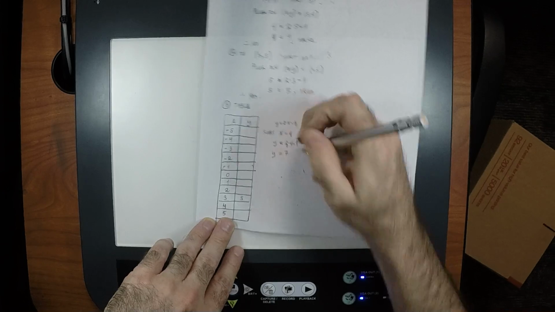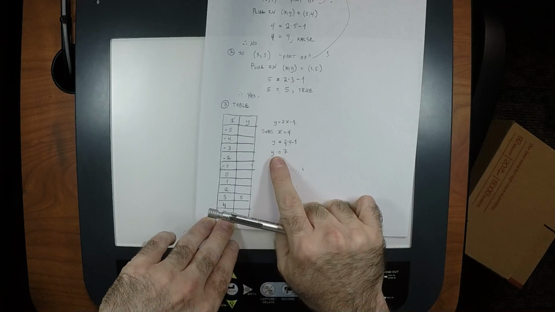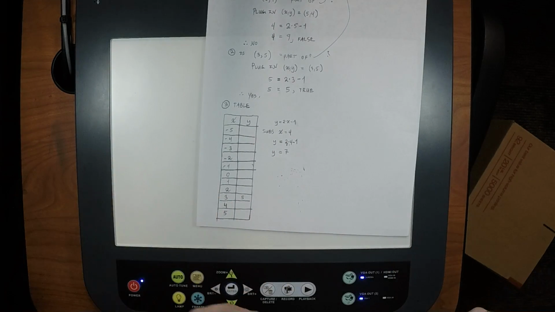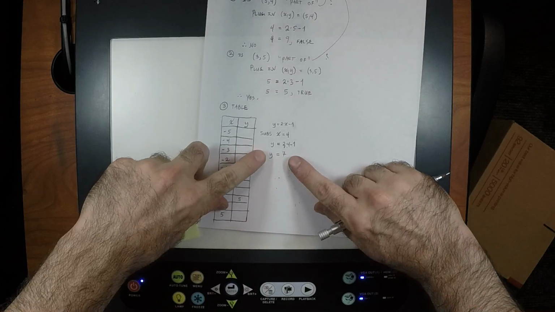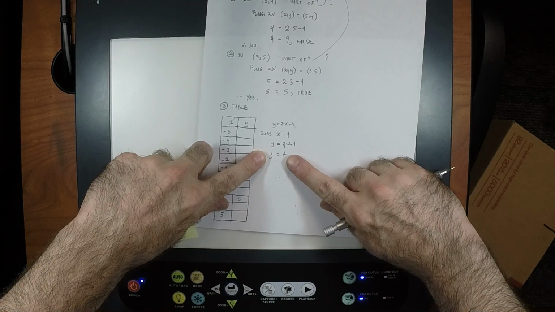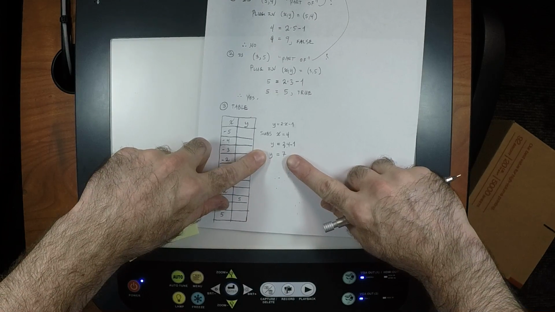So now, is this an equation? Yes. So now, here's a tricky bit. Is this equation right here true or false or what?